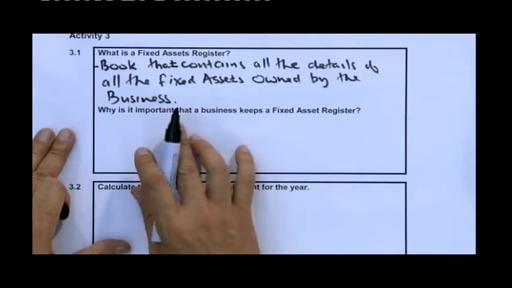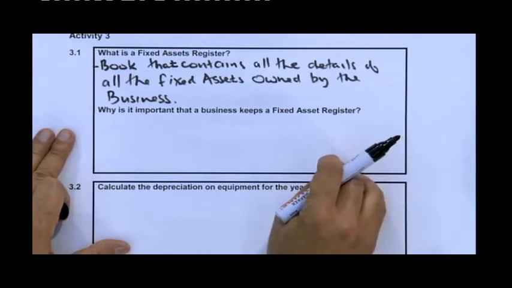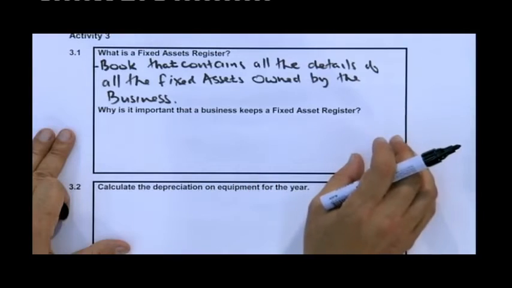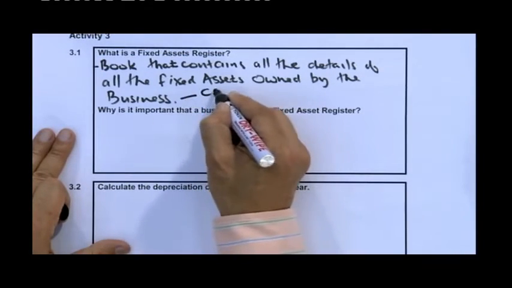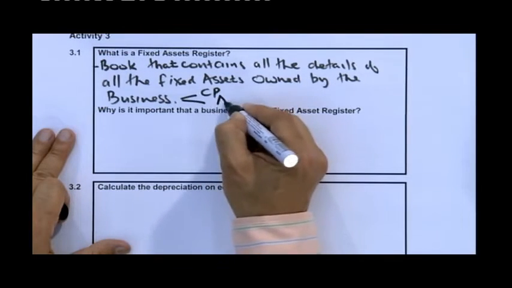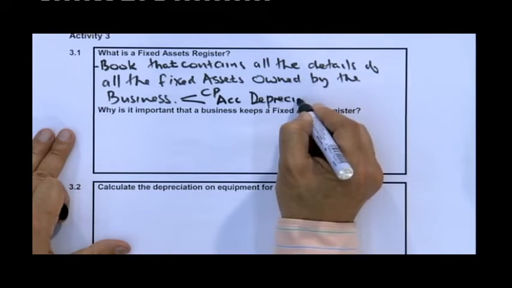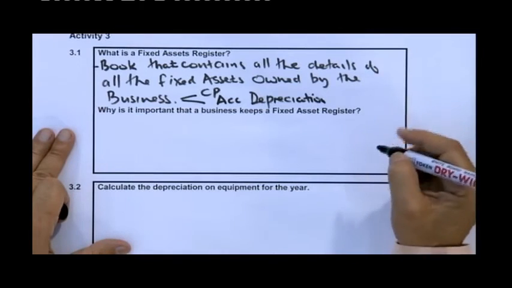Okay, which means any fixed assets, land and buildings, vehicles and equipment that the business owns, there will be a detailed description of it in the fixed asset register. The fixed asset register will contain the cost price, for example. It will also have the accumulated depreciation. It will have the date that we purchased it.